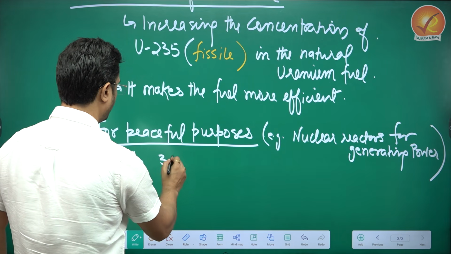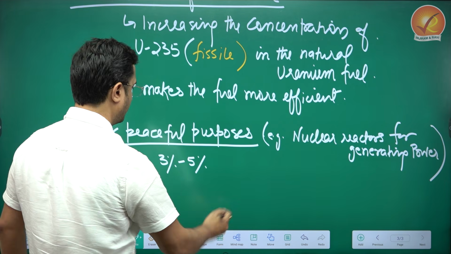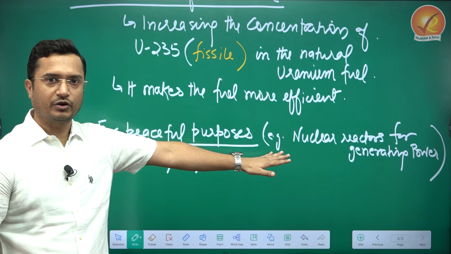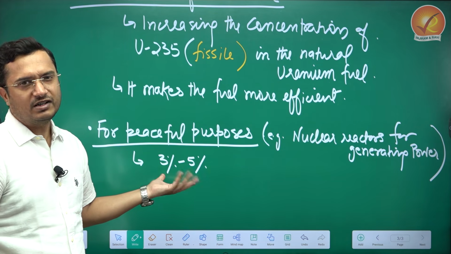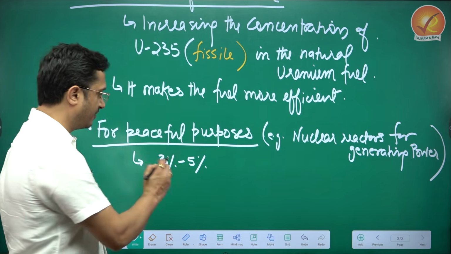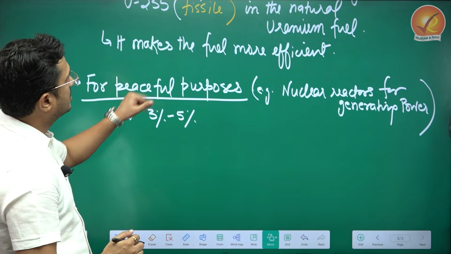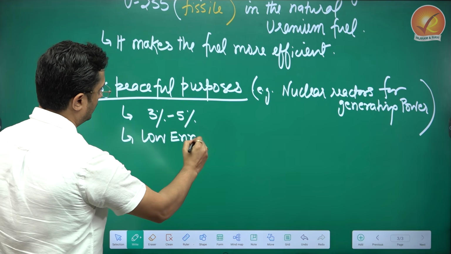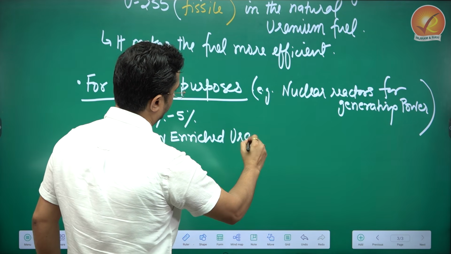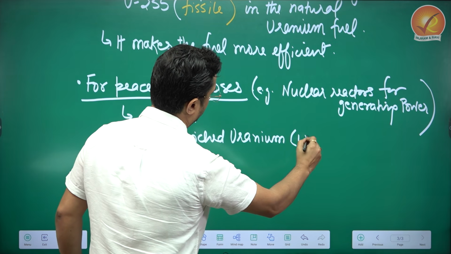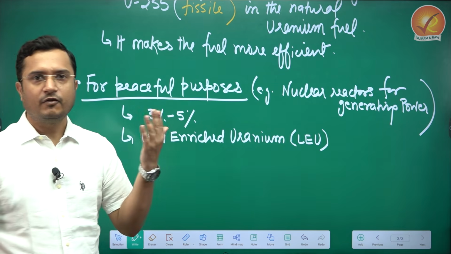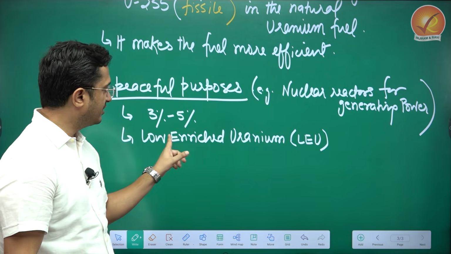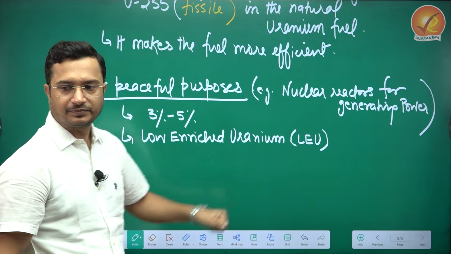Generally 3% to 5% is more than enough for generating electricity through nuclear reactors. Very high enrichment is not required. This uranium is called low enriched uranium, LEU.